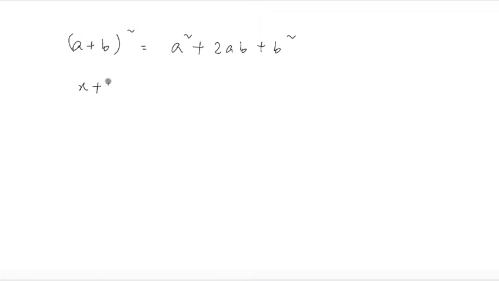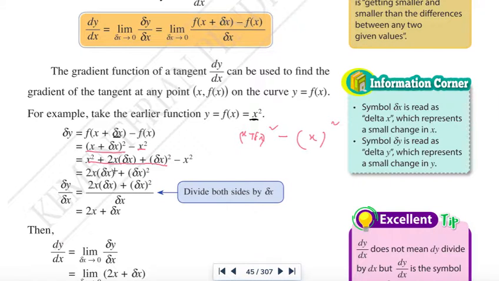That one is (x plus delta x) squared. So a squared, the first one, plus 2 multiply a b. So 2 multiply x multiply delta x plus behind b squared, so delta x whole thing squared. So you get this one. Okay, minus x squared. This one you copy down.